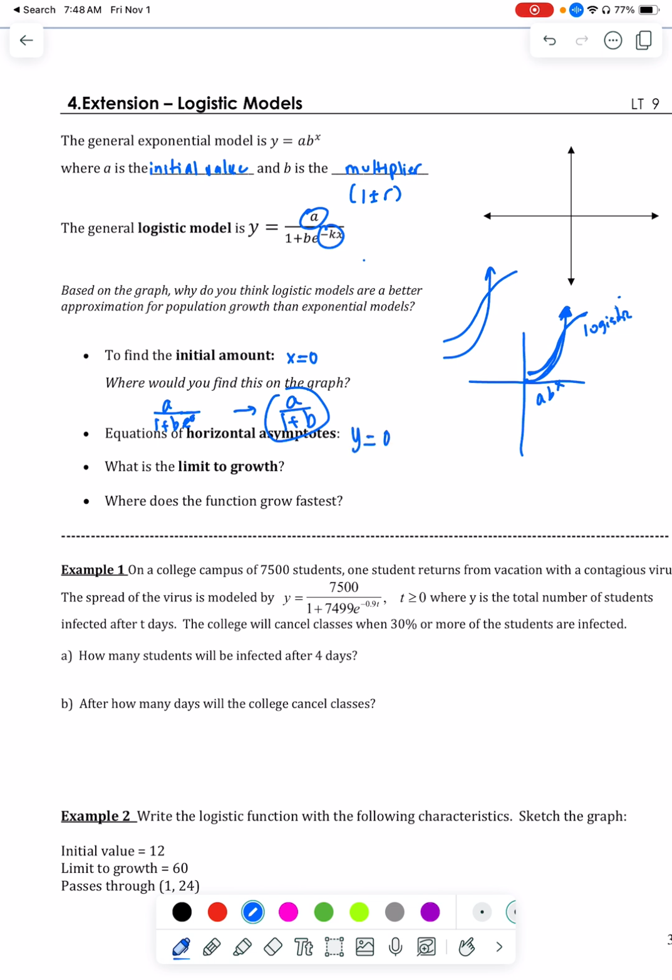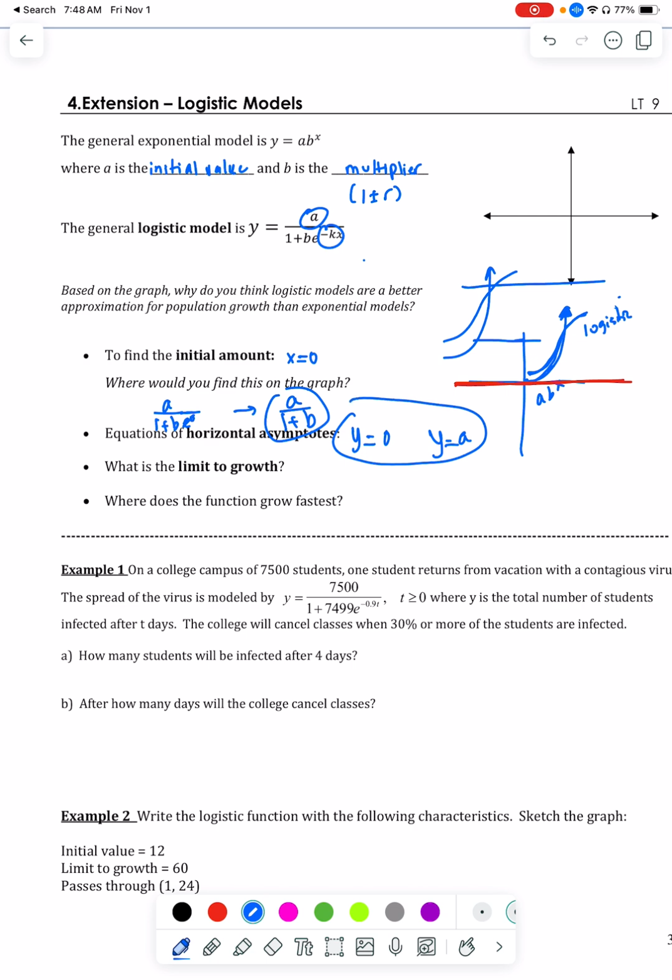Which is the x-axis, so it's going to look something like this. You're going to start probably something like here. You're not going to go below that value, you're not going to go into the negatives. You have an actual value. And you're not going to go beyond, we just said the capacity, A. You're not going to go beyond A, whatever that value is. Okay, so those are the equations of your horizontal asymptotes.